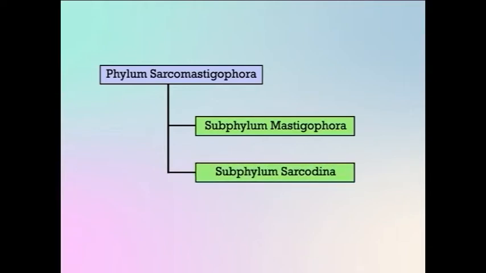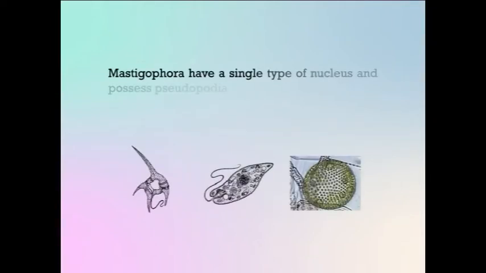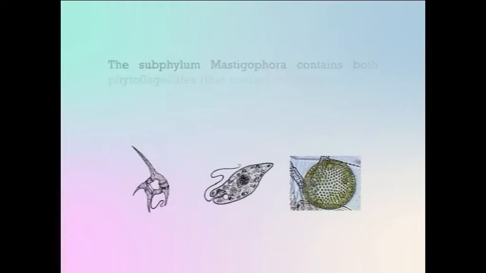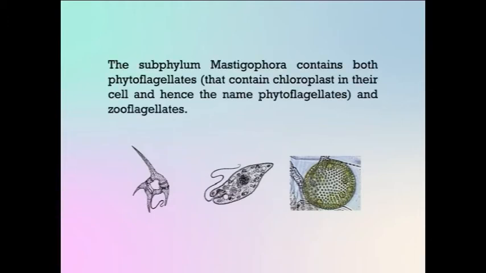In the phylum Sarcomastigophora, there are two subphyla, that is subphylum Mastigophora and subphylum Sarcodina. These Mastigophora have a single type of nucleus and possess flagella. The subphylum Mastigophora contains both phytoflagellates, which contain chloroplasts in their cells, and hence the name, and the zooflagellates.